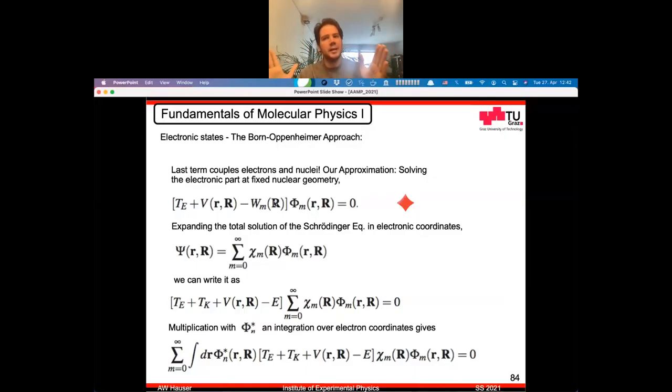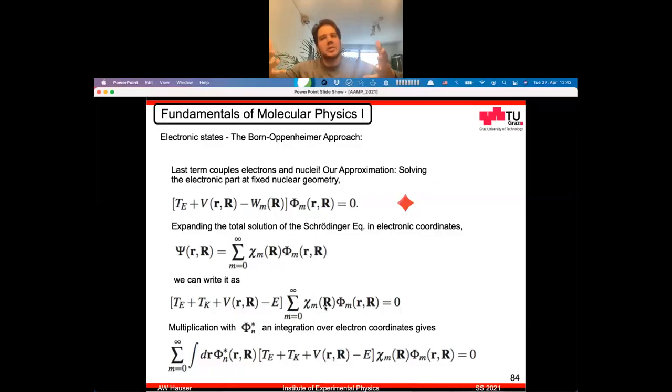So we look at the Schrödinger equation for the system of electrons and nuclei. Therefore, the Hamiltonian in this line here is the Hamiltonian of the total system. We just used this preliminary work here to be able to replace the total wave function by this linear combination where we have a product of an electronic wave function times a coefficient which only depends on the nuclear coordinates.